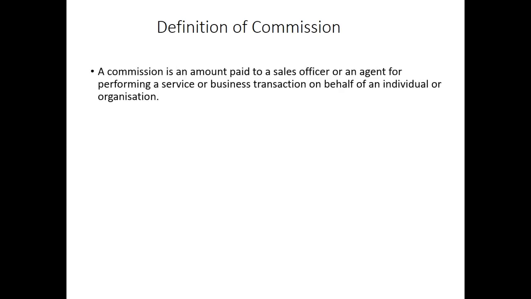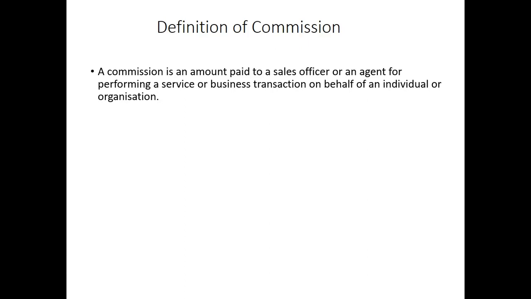So then, what is commission? A commission is an amount paid to a sales officer or an agent for performing a service or business transaction on behalf of an individual or organization.